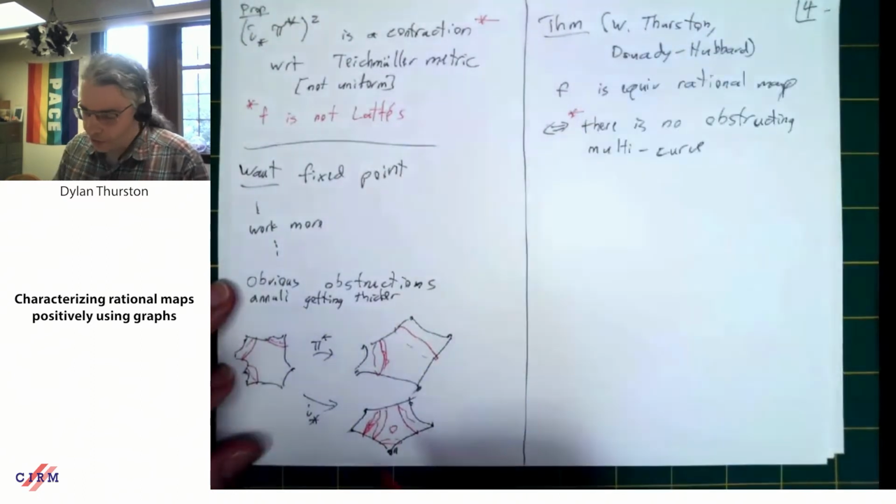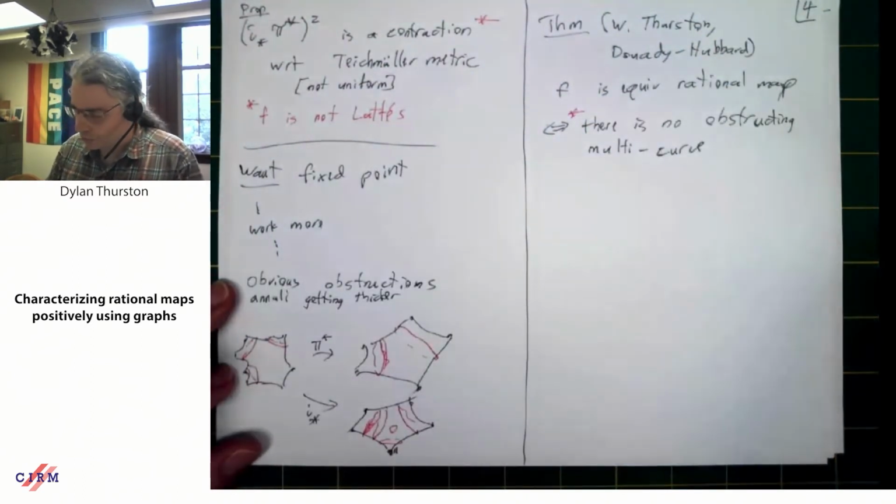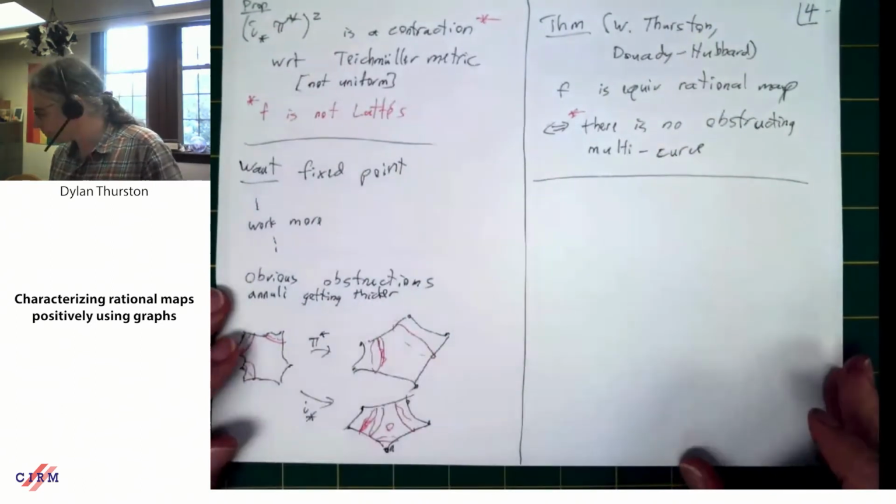And again, there's the same asterisk that F is not a lattice map, which are cases you can treat separately.